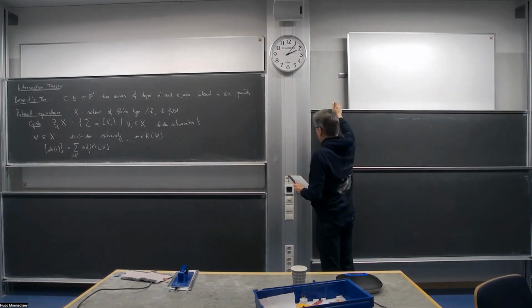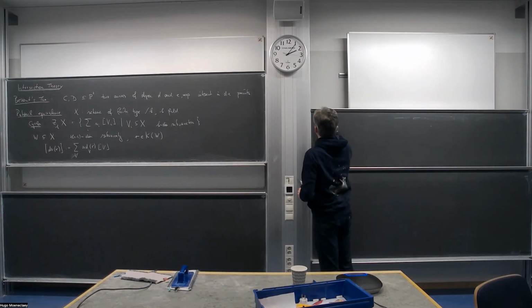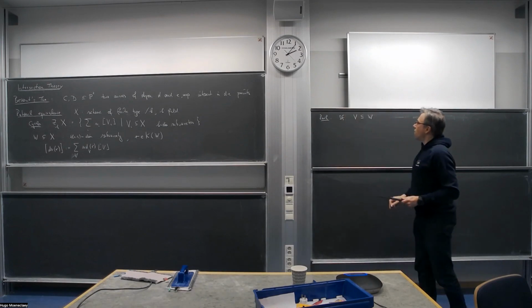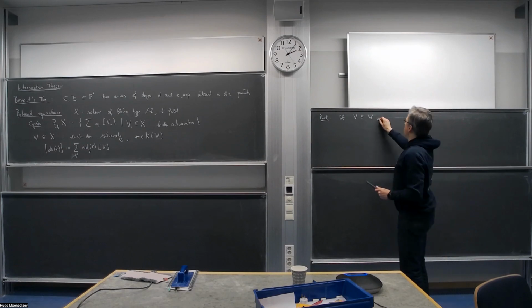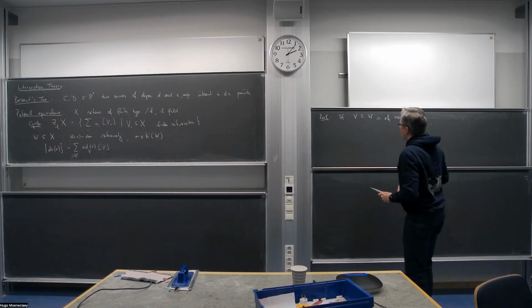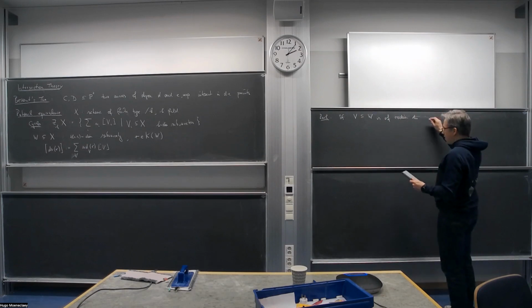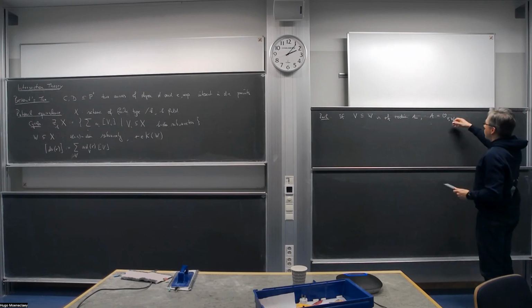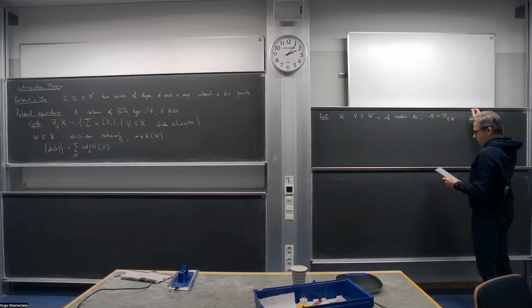The point is, if V in W is of codimension 1, classically the local ring of V in W is of dimension 1.